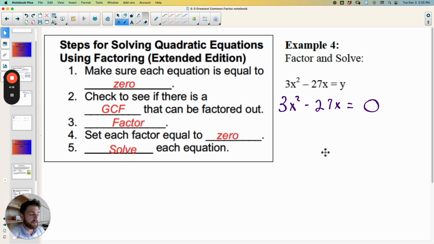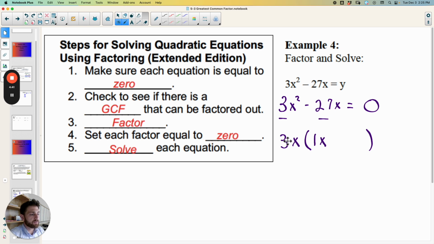And now we're going to factor out a GCF. So the GCF of 3 and negative 27, the biggest number that goes into both, is 3. Now with the x squared and the x, the GCF of those is x. So our GCF is 3x. So 3 divided by 3 is 1. X squared divided by x to the first is x.